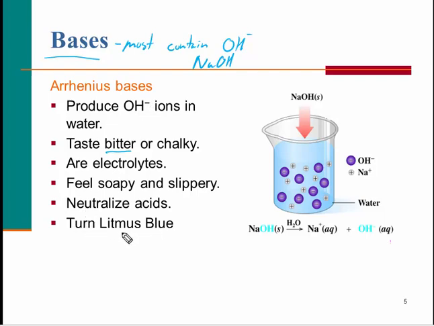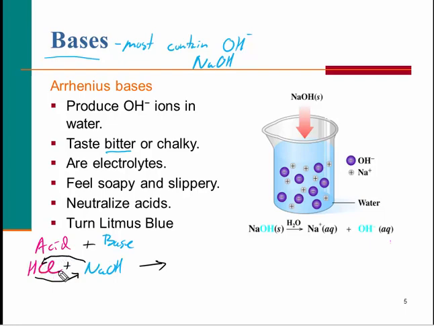Bases turn litmus blue. So, before we get any further, let me talk about this neutralization reaction. Again, really quick. You have an acid, and we can use HCl for the acid. We can add to that a base, and remember base blue, so we can use NaOH, and these guys will react, and this is a double displacement reaction if you recall.